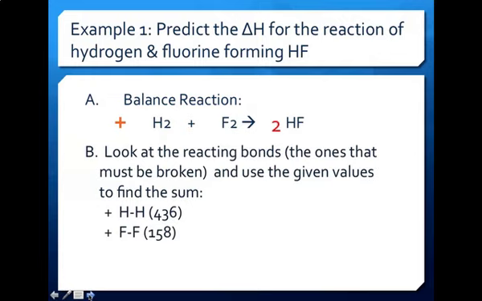If you notice this plus that's up here, it's just the bullet points that this PowerPoint chose to use. It's silly, but we're going to say that it's because we're adding them. So a fluorine-fluorine single bond, if you take a look at that chart, should say that the bond enthalpy is 158 kilojoules per mole. Those are my only bonds that are breaking here. So I'm going to add those two values together, 436 plus 158, to get 594 kilojoules per mole of energy that is going into the system to break apart those bonds.